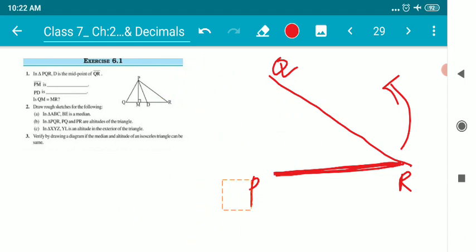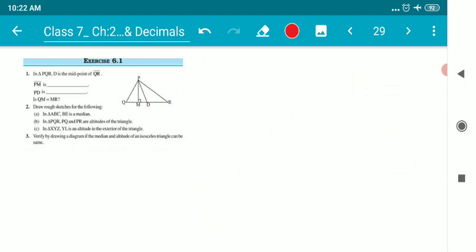Now let us talk about question C. Question C is about drawing a triangle XYZ in which YL is an altitude in the exterior of the triangle, that is, the altitude which is outside the figure. Children, this is a very important and interesting question.